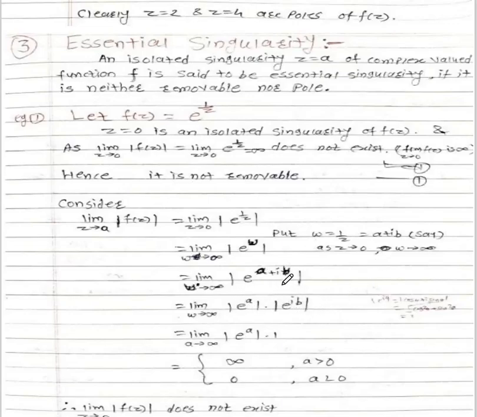So this can be written as limit w tends to infinity of e to the power a times e to the power ib. We can separate. We know that by using Euler formula, the modulus of e to the power ib will give 1. So putting the limit, if a goes to infinity, you will get infinity.